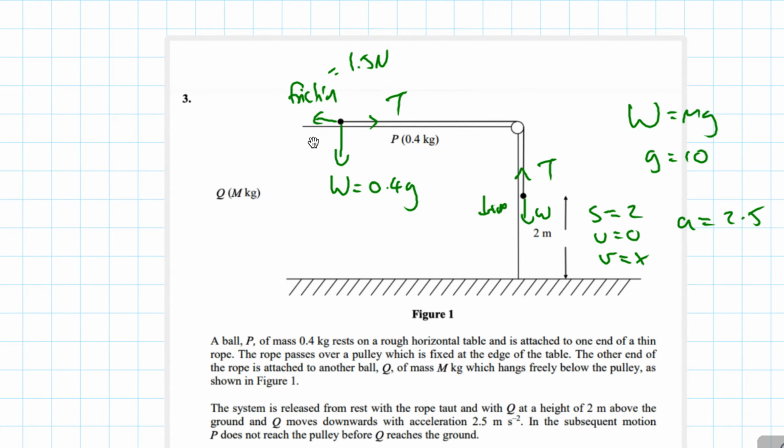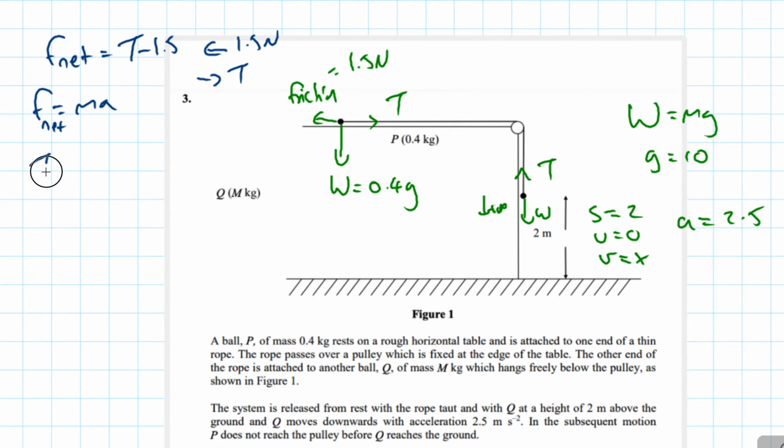So if we look at what's happening here, for ball P, going to the left is 1.5 newtons, and going to the right is the tension. So the net force is T minus 1.5. And then we know that F net is equal to ma. So the tension going to the right minus the friction going to the left is equal to the mass, which is 0.4, times the acceleration a.